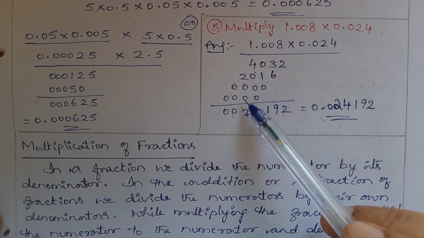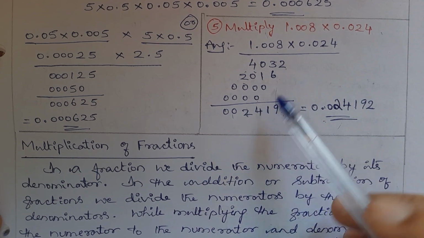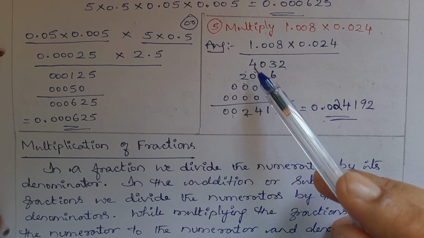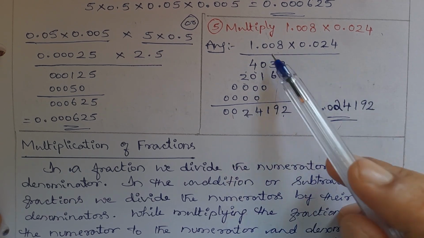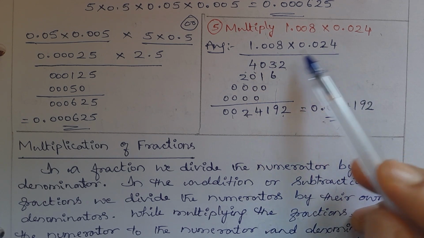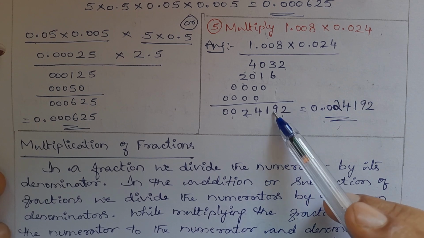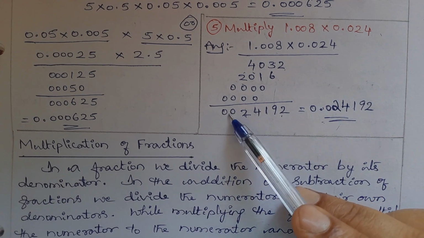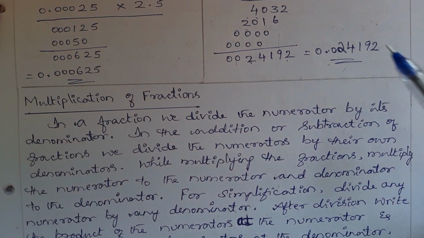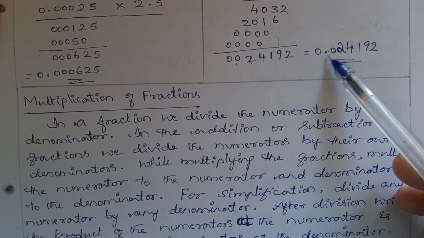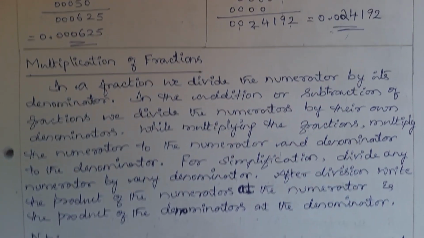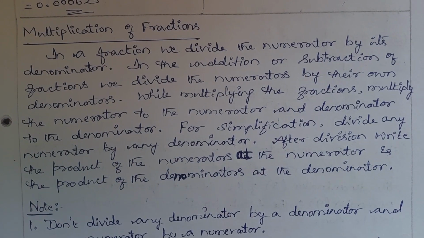Then add these: 4, 2, 3 plus 6 is 9, 1, 4, 2. So how many digits after the decimal point? 3, here 3. 3 plus 3 is 6. 1, 2, 3, 4, 5, 6. So 0.024192 is the answer.